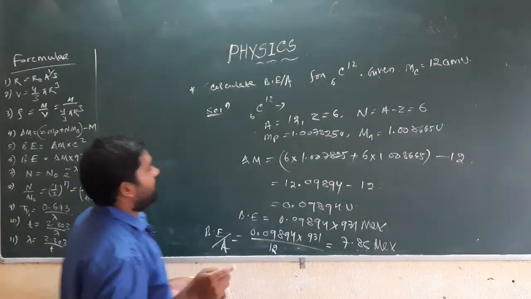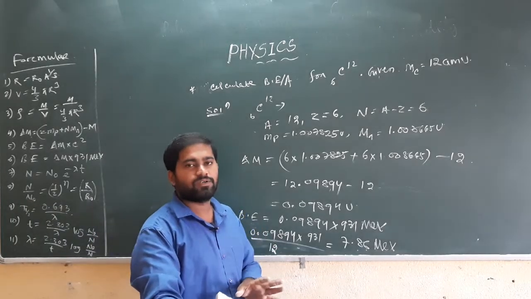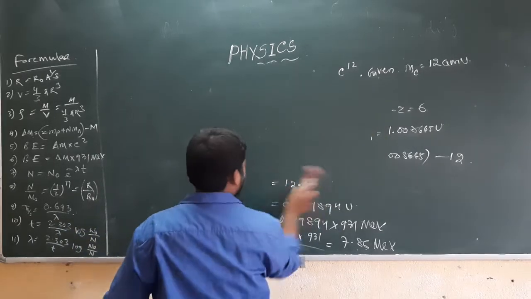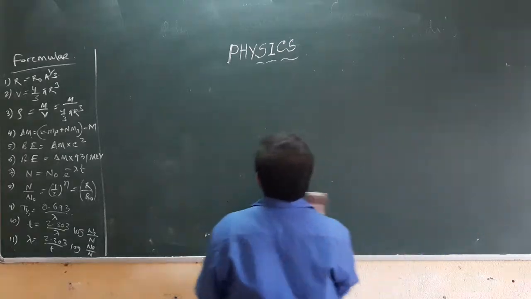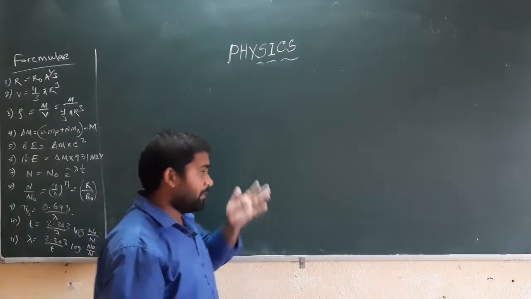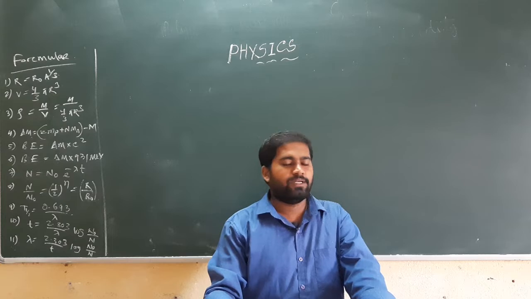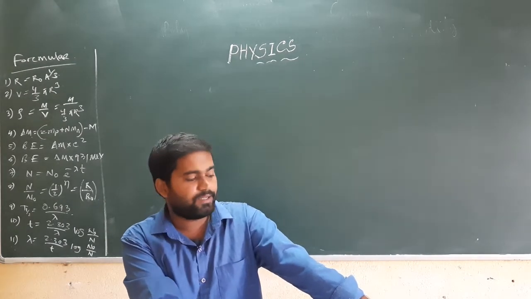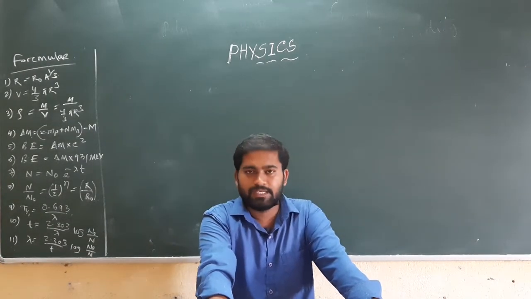So now take an example to calculate the number of alpha particles or number of beta particles. Suppose a radioactivity is given like when a thorium nucleus is converted to lead, there will be some emission of alpha and beta particles.